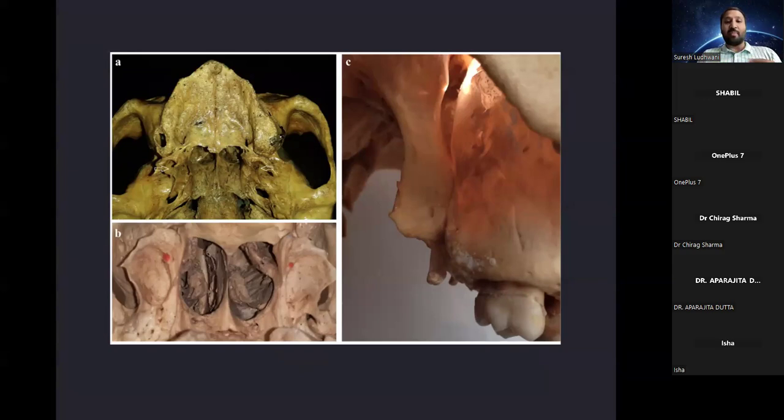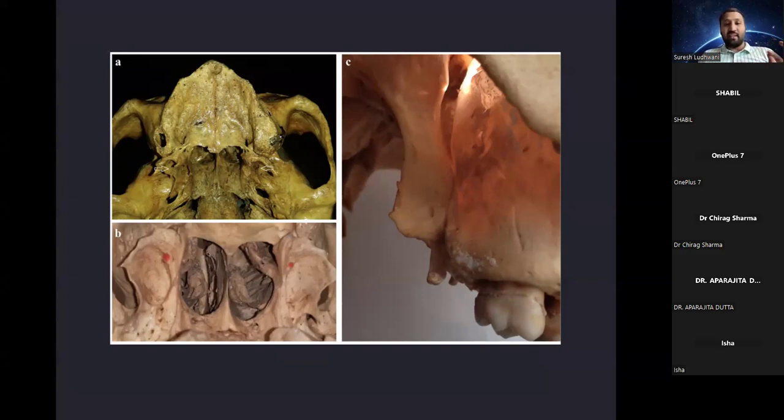Coming to that, what is so good about the tuberosity region and the pterygoid implants? Just see, you all have seen the maxilla over here. This is an axial section, from the posterior part and the lateral part. I want you to remember only three things.